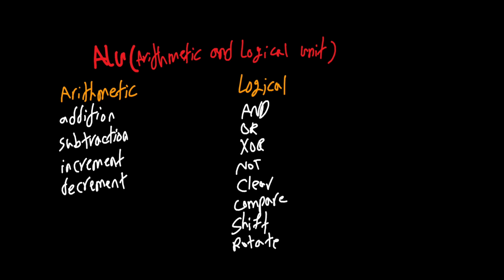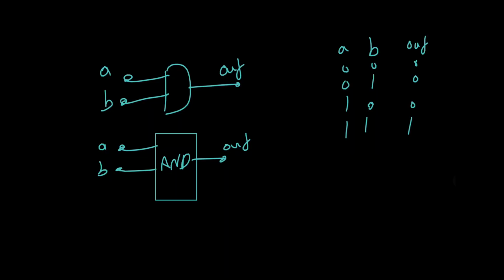But before we start creating our ALU and talking about how to implement addition and subtraction, we need to first have an understanding of logical units. Even though I thought understanding logic gates would be a good prerequisite for this course, I want to give another review of them.